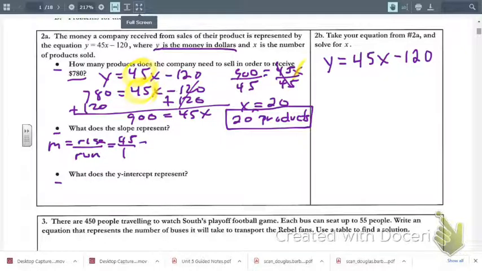It's the money in dollars. So our rise is what's being graphed on the y-axis, so that's money in dollars, and then the run is what's being graphed on the x-axis, which is the total number of products sold.